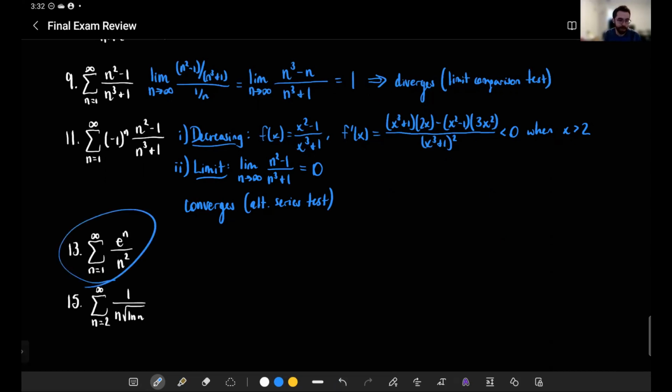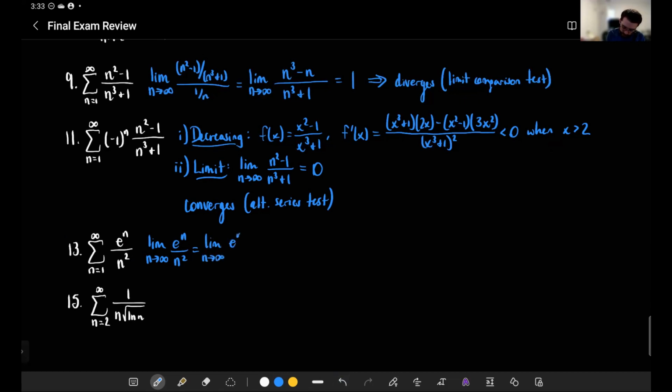So number 13, I glance at that. I say e to the n is going to grow much faster than n squared. And if the numerator is growing faster, that means this should blow up, right? This should diverge. And the way you want to show it is just use the divergence test. Again, if you want to use L'Hopital's rule, go for it.